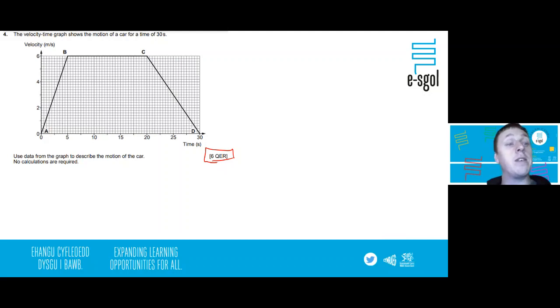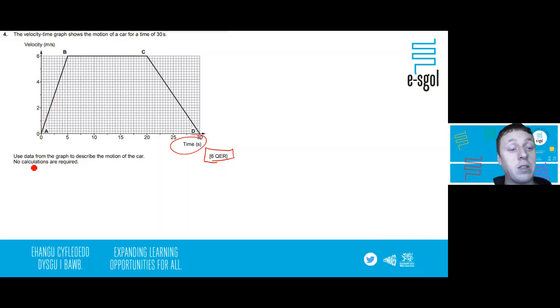So what we see is a velocity time graph that shows the motion of a car for 30 seconds. So identify time is on the x-axis, velocity is on the y-axis, and you might remember a few things such as page 2 is somewhere you can go to identify that the slope or the gradient is equal to the acceleration.